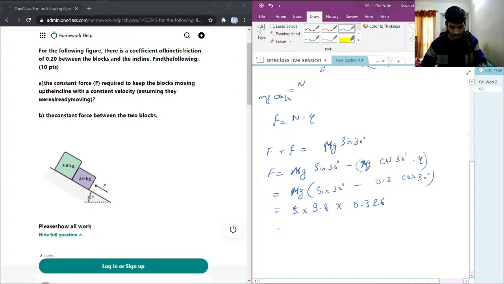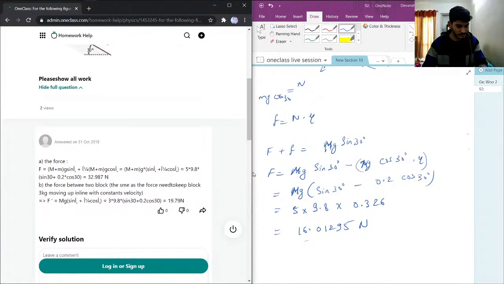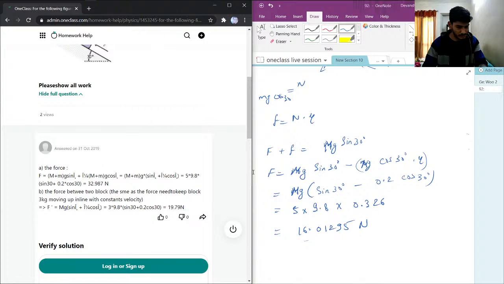We have 16.01295, and this will be Newton. So let's just check the answer. They have given 32.98.